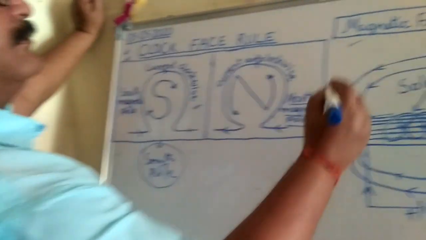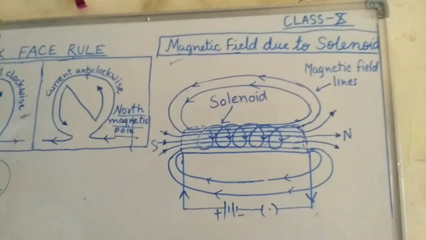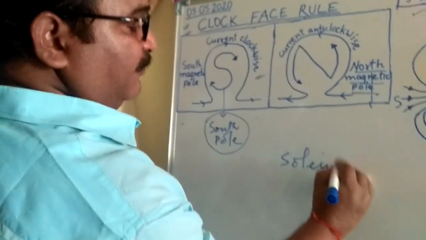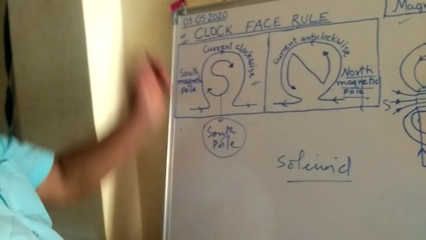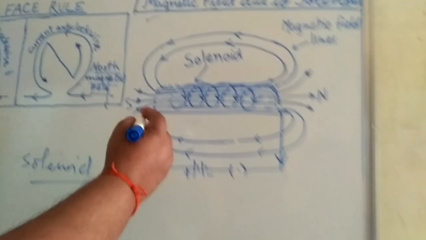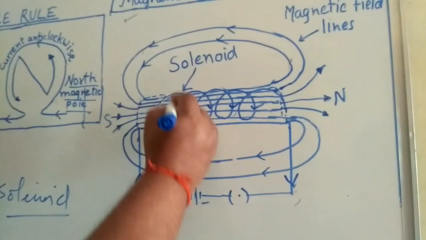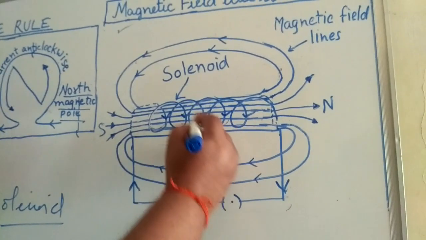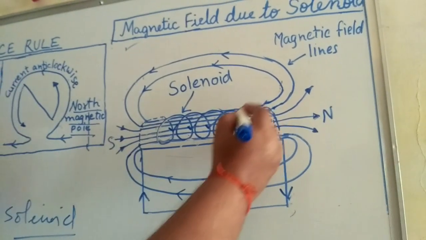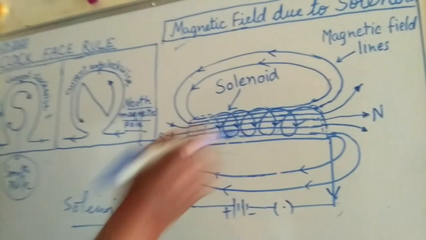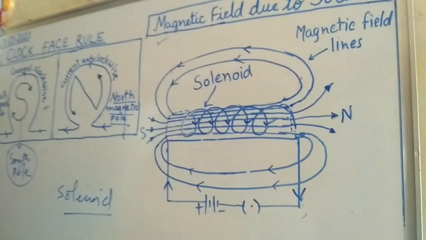Now we come to the magnetic field due to the solenoid. What is a solenoid? You see here, this is a wire in the form of a coil, and this wire is an insulated copper wire.